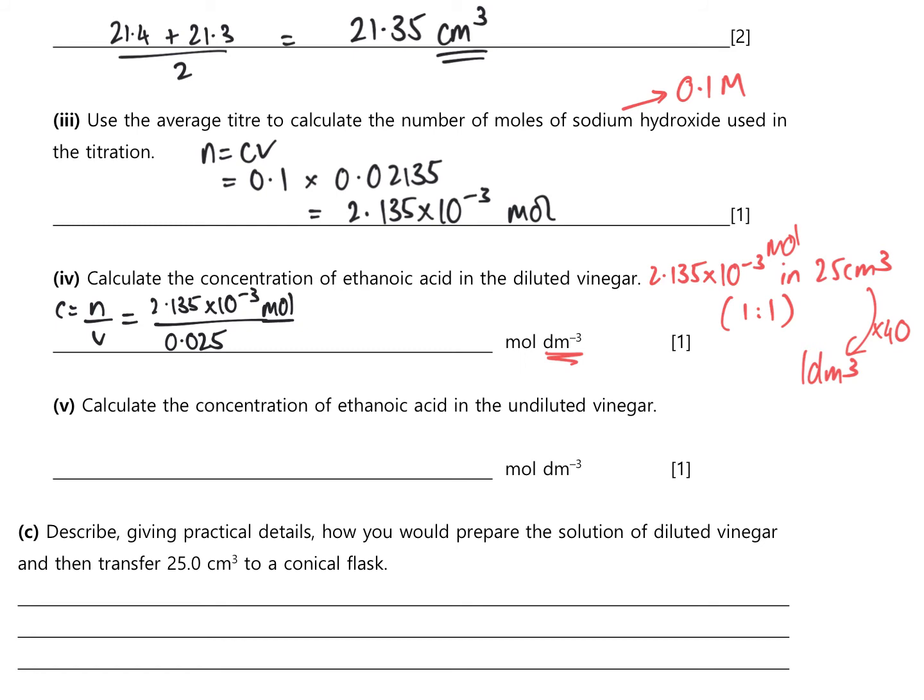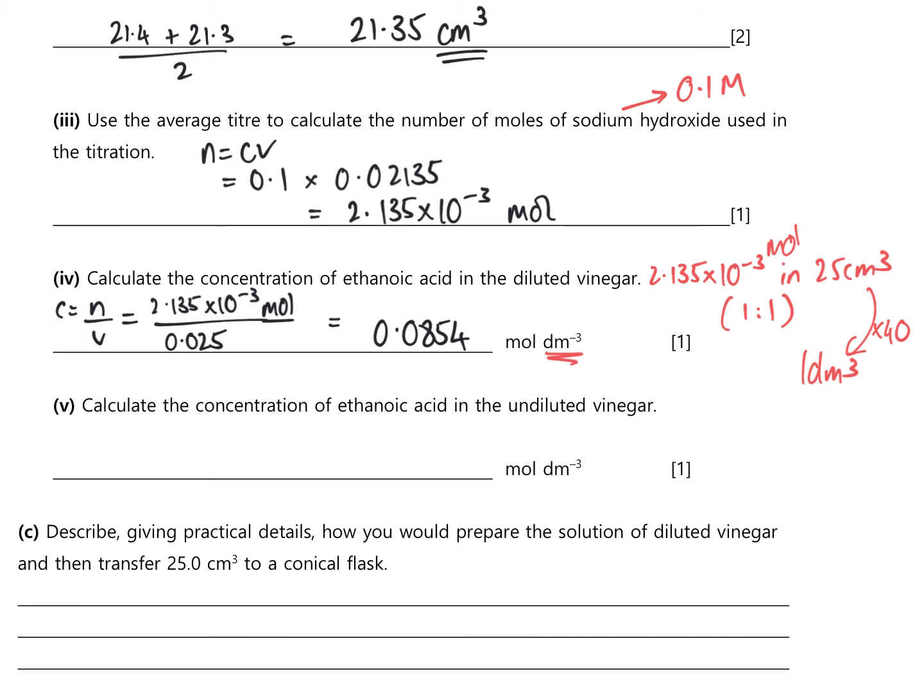Lots of people at this point dividing by 0.25 rather than 0.025. But think about what volume, that's our number of moles in 25 centimetres cubed. So that's why we do it divided by 0.025. That will then come out as 0.0854 moles per decimetre cubed.